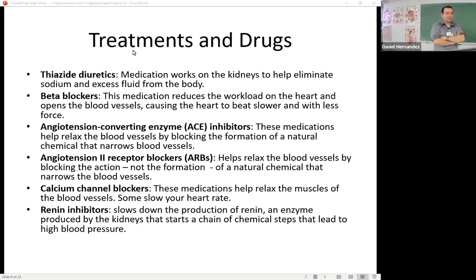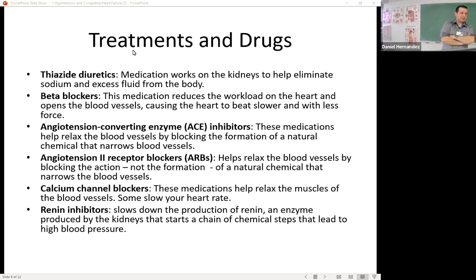You can also have medications like beta blockers. Beta blockers reduce the workload on the heart and open up the blood vessels. That dilation of blood vessels causes the heart to beat slower and with less force. We can also have angiotensin converting enzymes, what are called ACE inhibitors.